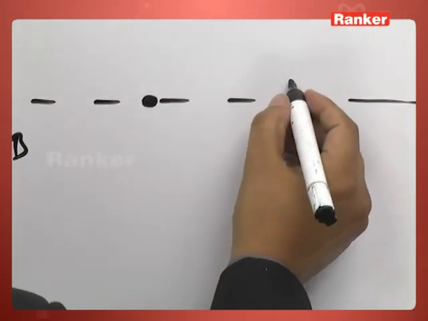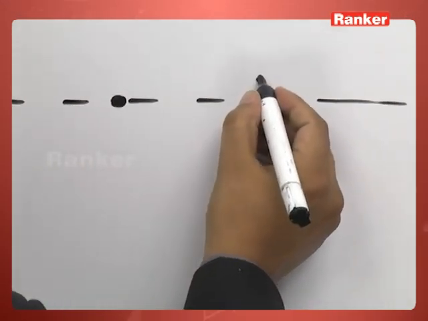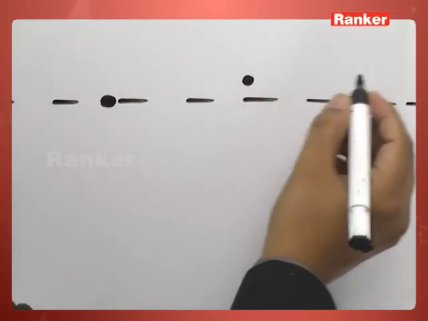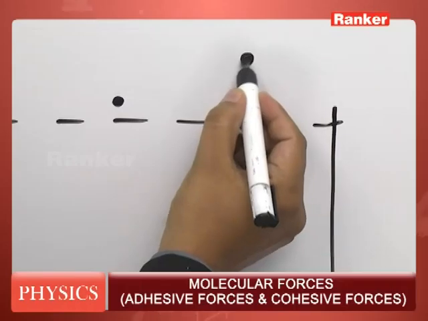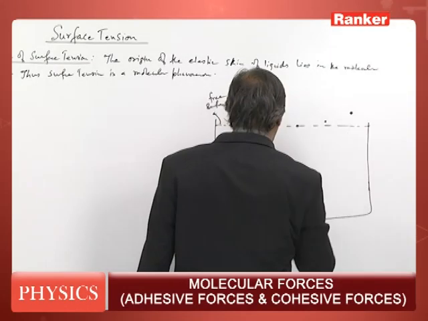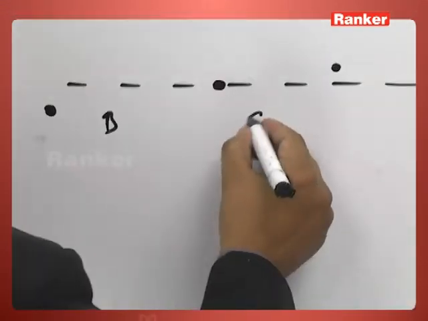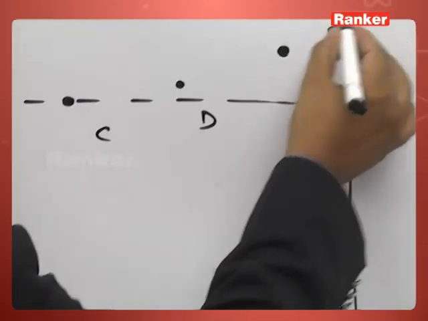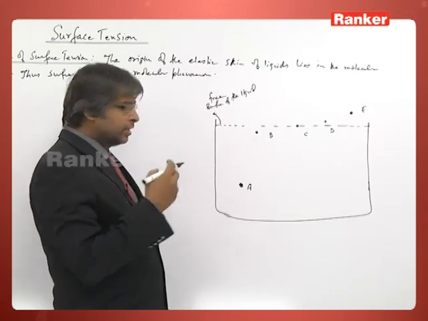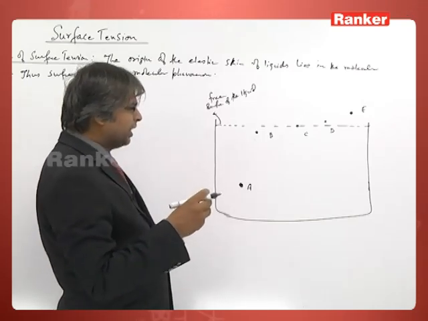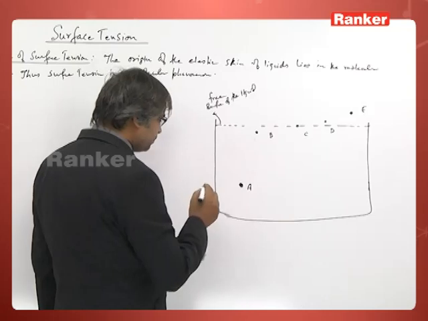Then I have taken one more molecule here, and then one more molecule here. So, I have taken a few molecules and I name them A, B, C, D and E. And now I draw the sphere of influence of the A, B, C, D, E molecules.